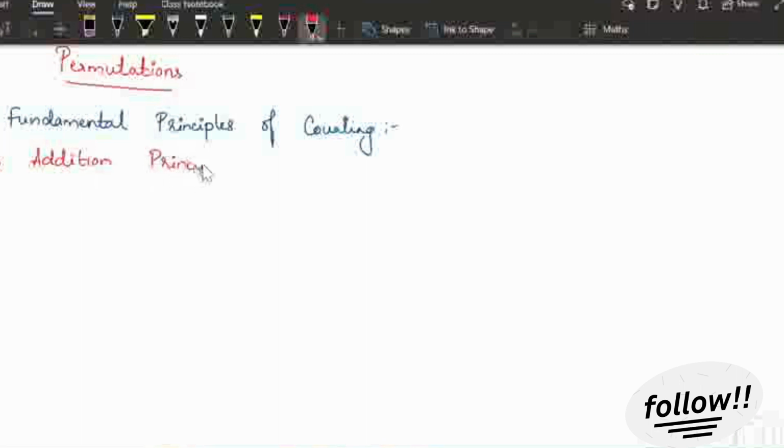Addition principle, and the second one is multiplication principle. So what does this mean? When a given task can be divided into multiple subtasks, two or three subtasks, or if you have multiple tasks to be done, in all these cases you will get intermediate answers.